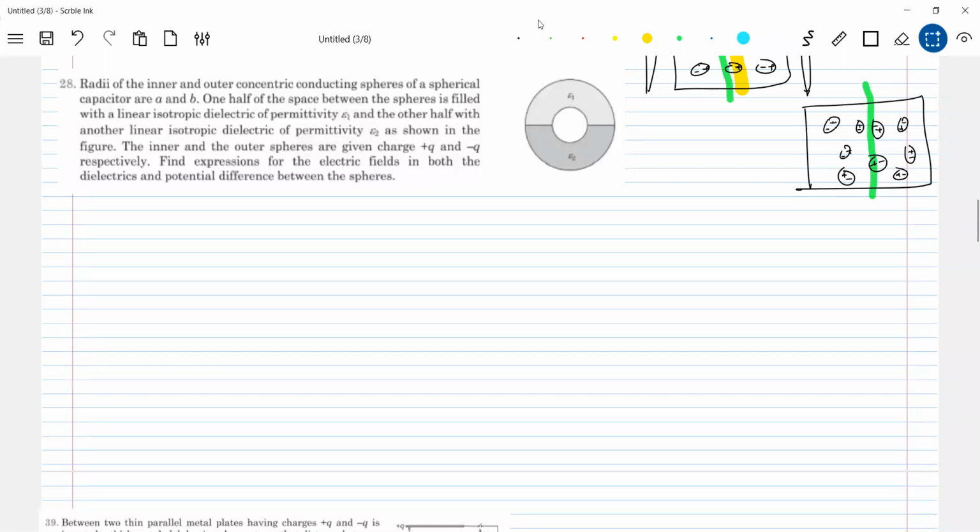So what is the dielectric constant here? Epsilon 1, then epsilon 2. Half of this is filled up.